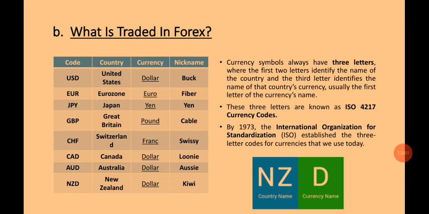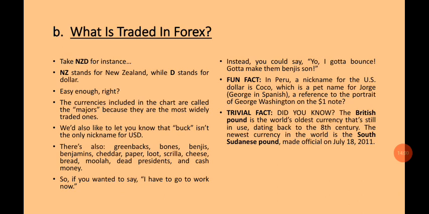In 1973, the International Organization for Standardization, which is the ISO, established the 3-letter codes for currency that we use today. So here's a sample of the New Zealand dollar: the NZ for New Zealand and the D for dollar, so country name and currency name. Take NZD for instance. NZ stands for New Zealand, while D stands for dollar.